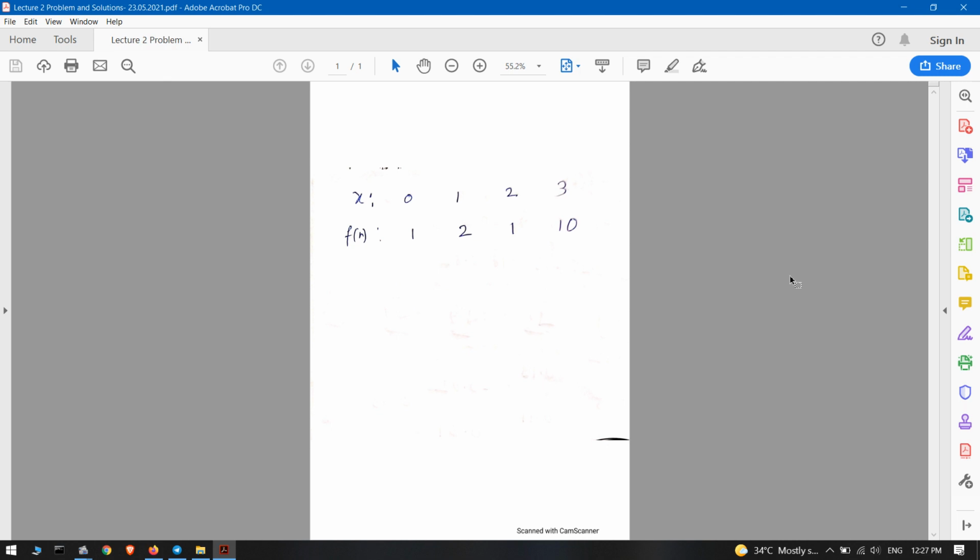That will be the last, because del cube is the last column of this difference table.